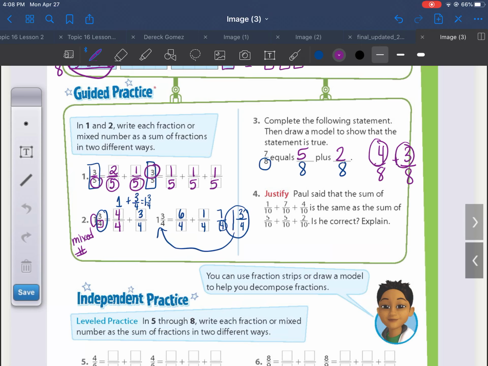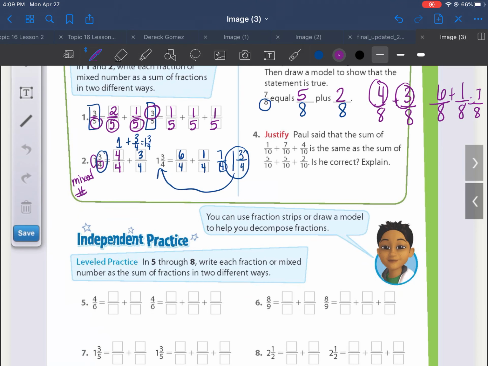I could have said 4/8 plus 3/8, because 4 and 3 give me 7. I could have also said 6 and 1, because 6/8 plus 1/8 would give me 7/8. So notice that there are different ways to decompose the fractions.